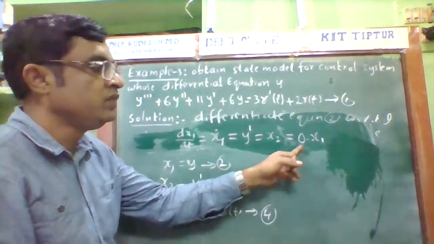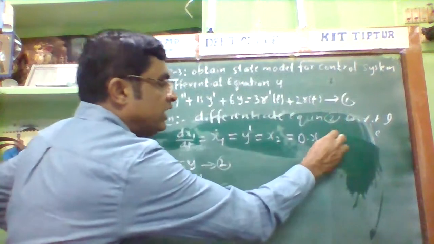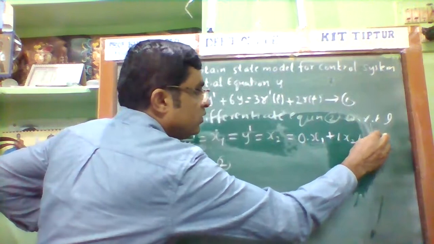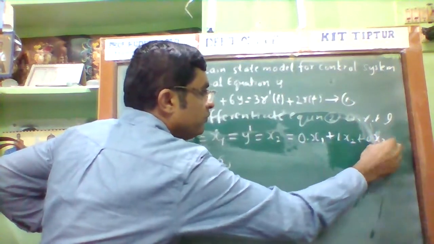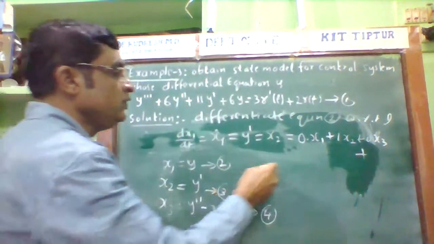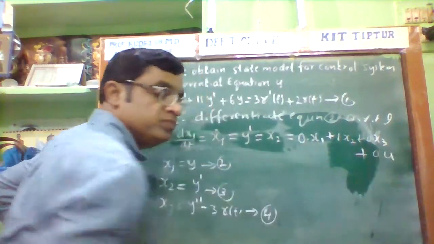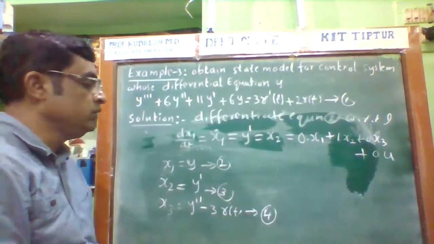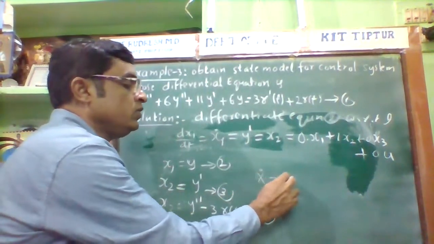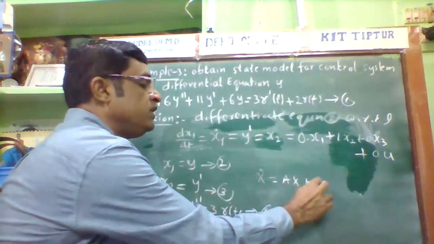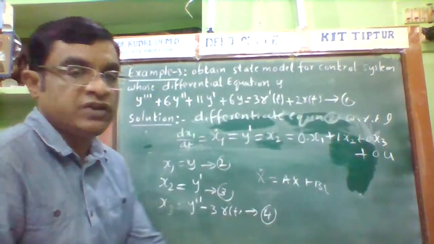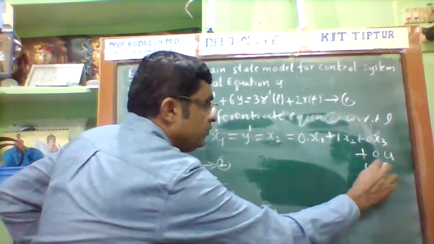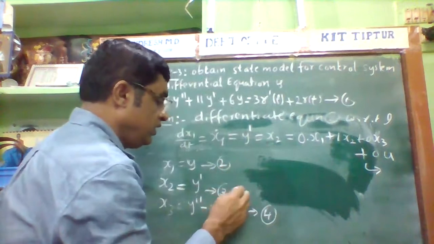That is what I have written: 0 into x1 plus 1 into x2 plus 0 into x3 plus 0 into u. I should write this in the x dash equals Ax plus Bu form. Now this is equation 3.